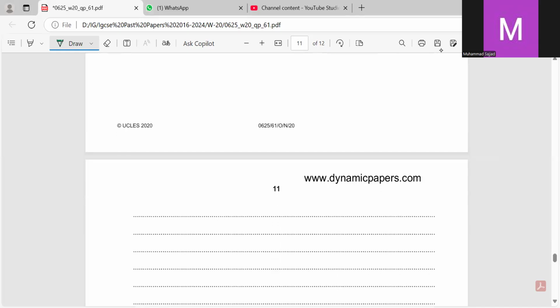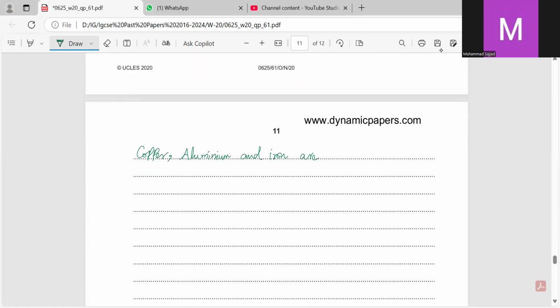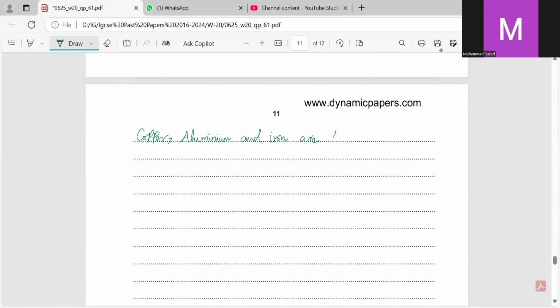First of all, we can say copper, aluminium, and iron are the metals for the wires to be investigated.